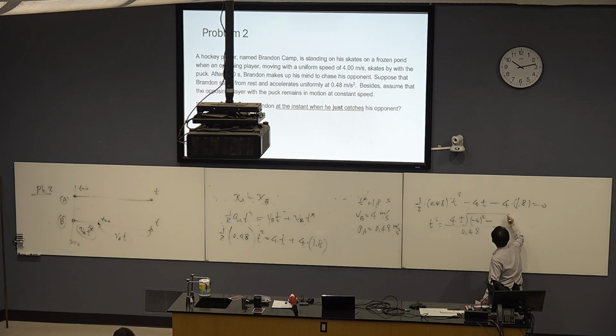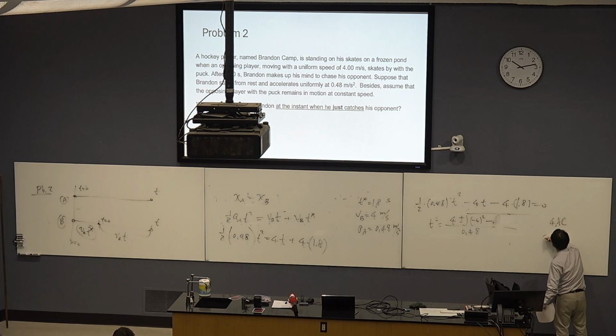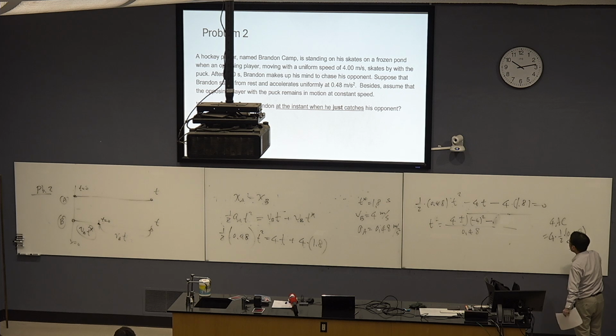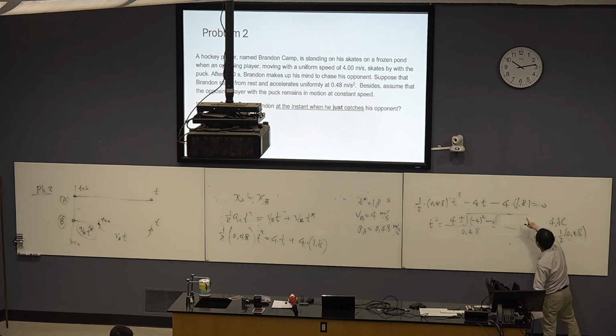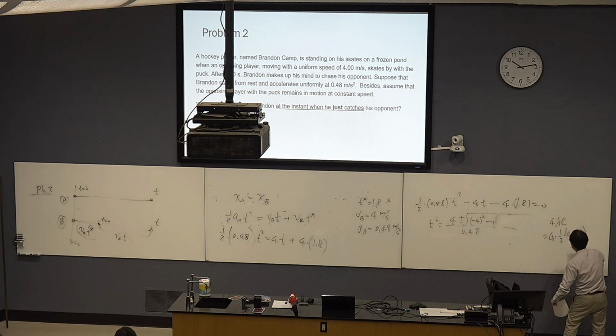Let's compute 4ac: 4 times 1/2 times 0.48, times c. C is actually negative 4 times 1.8. So this one you get a factor of 2, and this will become plus.